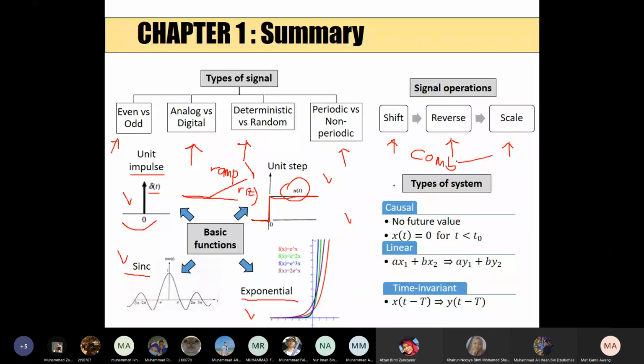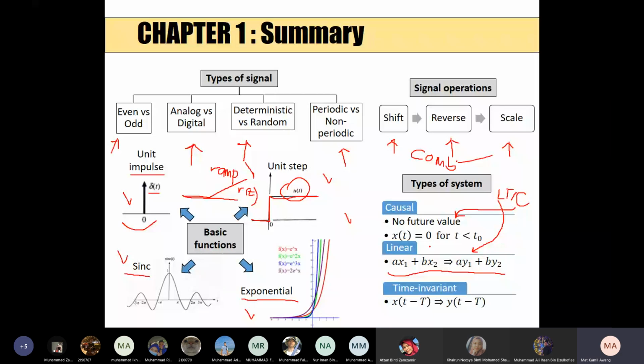For types of systems, remember L, T, I, C. L is linear. What is linear? Basically you have to do this test: a x1 plus b x2 will produce a y1 plus b y2. C is causal: no input, no output, so no future value.